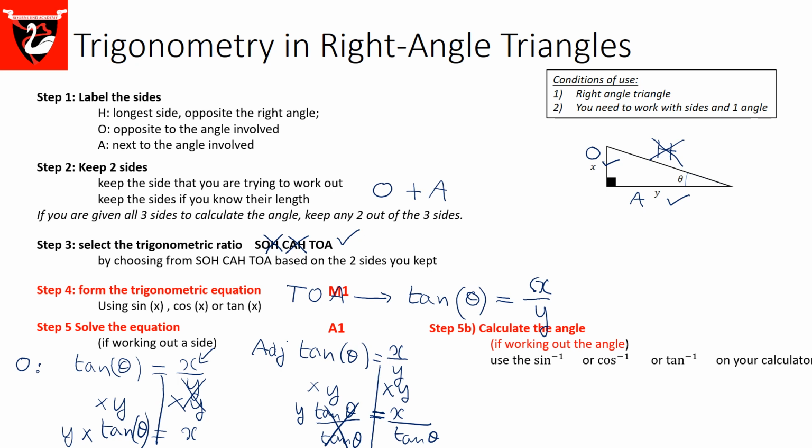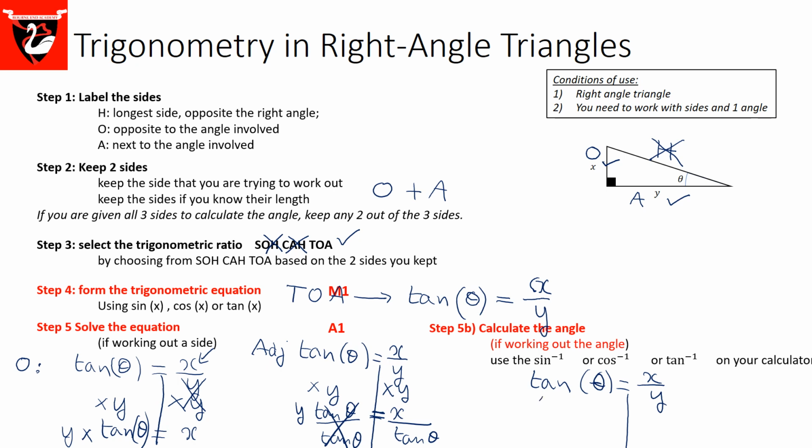The second possibility is they might be asking you to calculate the value of a missing angle. Here again, you start from the same equation, the one that got you a mark. So this is tan of theta equals x over y. But this time you want to undo the effect of tan.